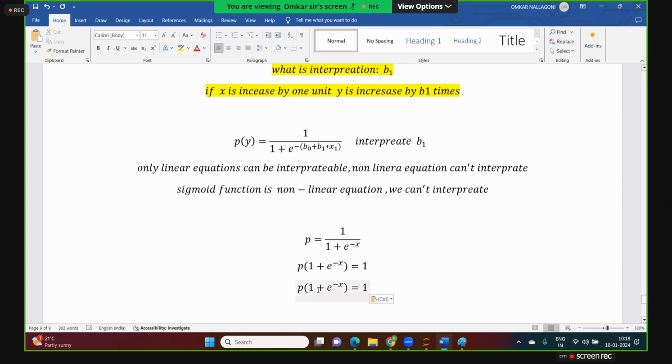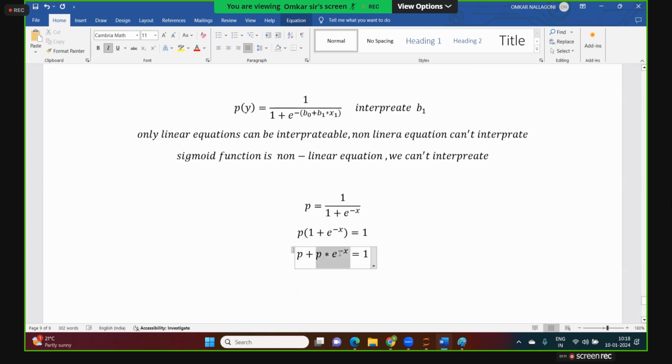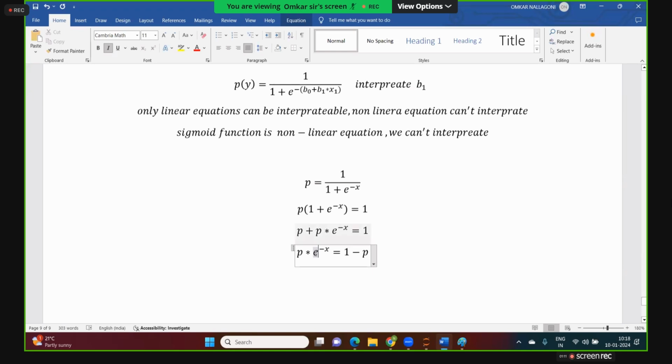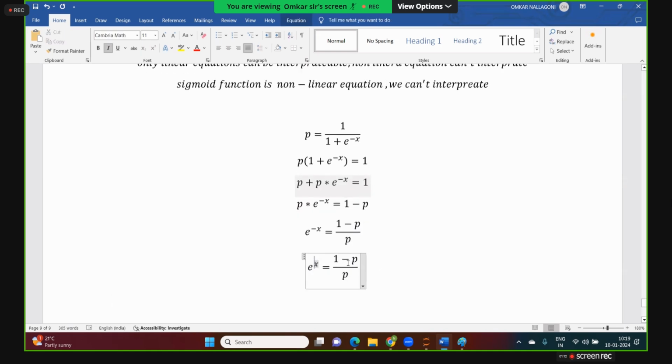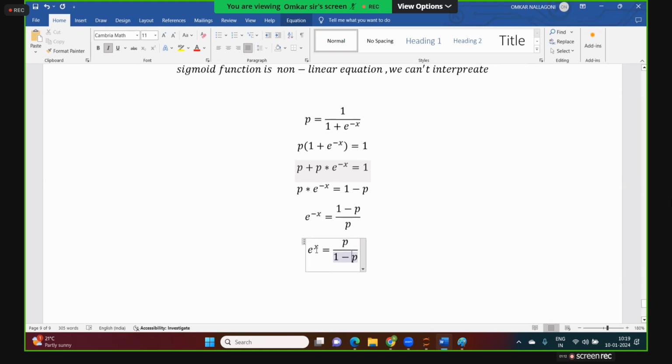Next, P into 1 plus e power minus x equals 1, so P plus P into e power minus x equals 1. P into e power minus x equals 1 minus P. So e power minus x equals 1 minus P divided by P. Then e power x equals P by 1 minus P. Then x equals logarithm of P by 1 minus P.